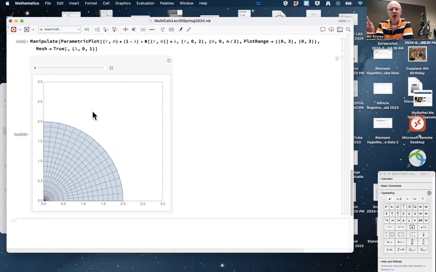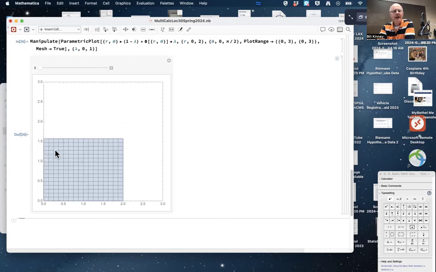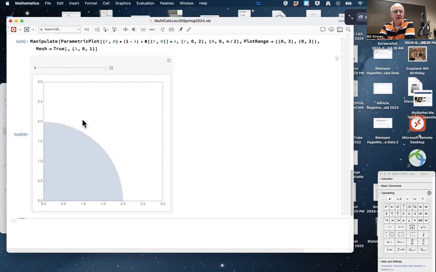And the fact that the Jacobian determinant is R intuitively means that regions where R is close to 0, R is the horizontal axis here. This region here where R is close to 0 gets shrunk a lot because R is close to 0. And the Jacobian determinant is R. So they shrink down to close to the origin here, much smaller area.